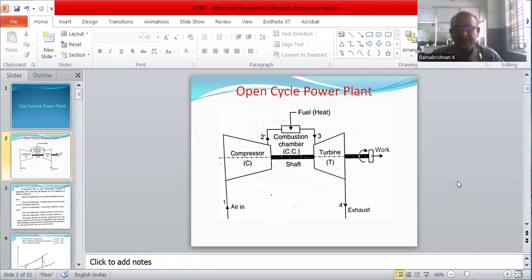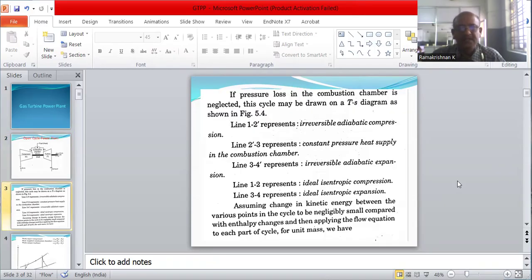Now look into each operation. 1 to 2 dash is the irreversible adiabatic compression. The ideal compression process is 1 to 2, the ideal isentropic compression process. But actually it is not so, so the 2 is replaced by 2 dash.